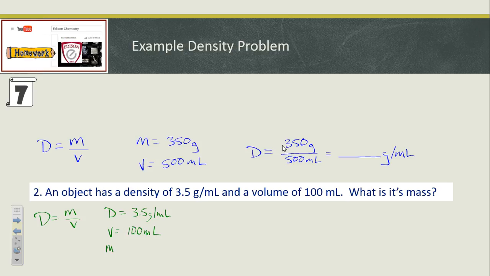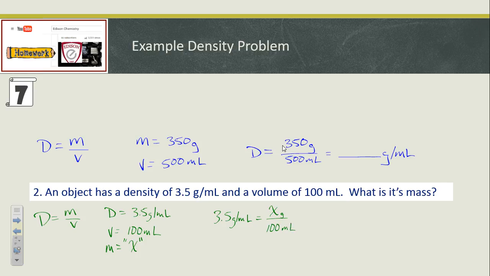The mass is what we could call our unknown, or x. So all of a sudden we've created an algebra problem. It's actually a very simple one. So you say 3.5 grams per mil equals x grams over 100 mils.